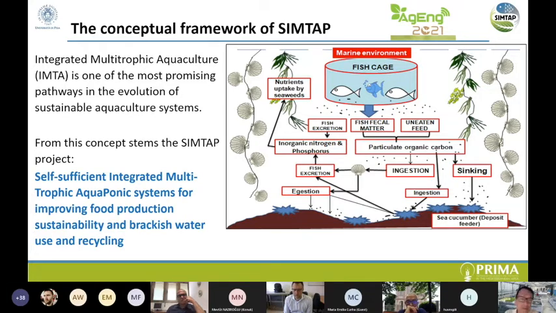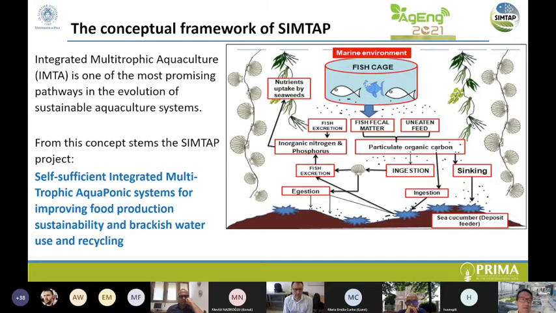As Professor Pardossi said before, the project SIMTAP we are talking about is an IMTA system that has some other objectives that I'm going to show you in a while.